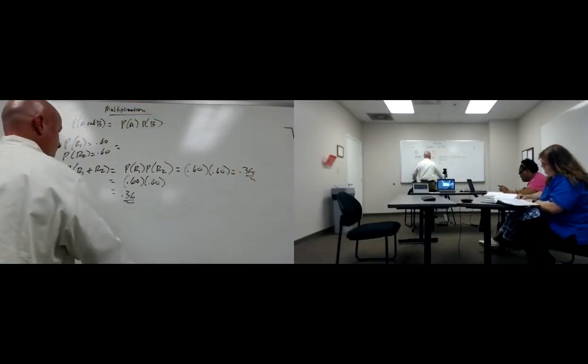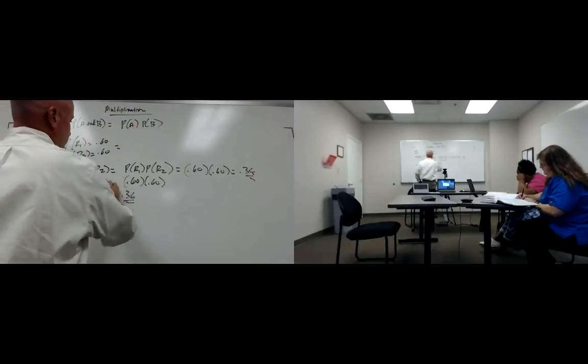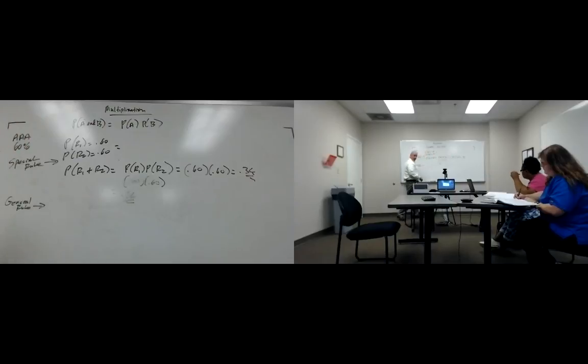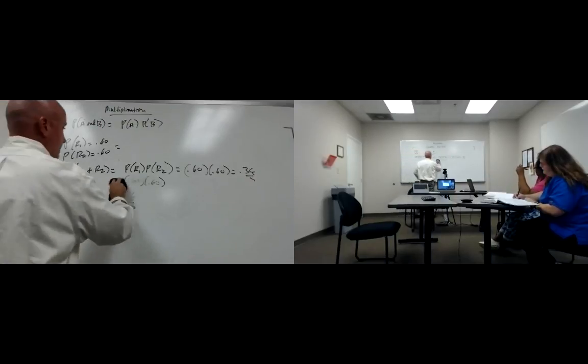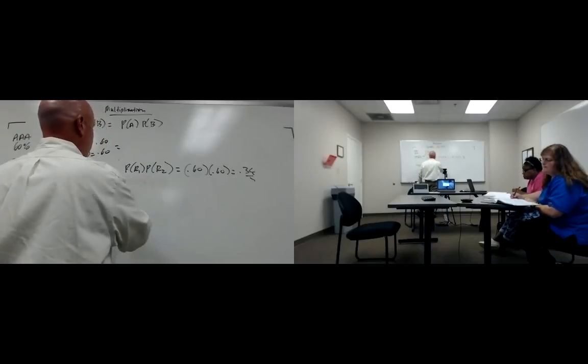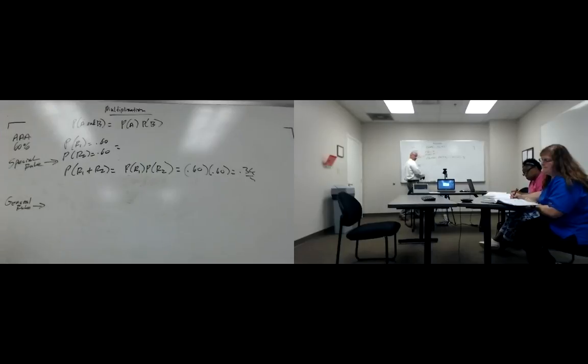The general rule is, if two events are not independent, they are referred to as dependent. Well, if you're not independent, you are dependent. So the general rule is used to find the joint probability when events are not independent.